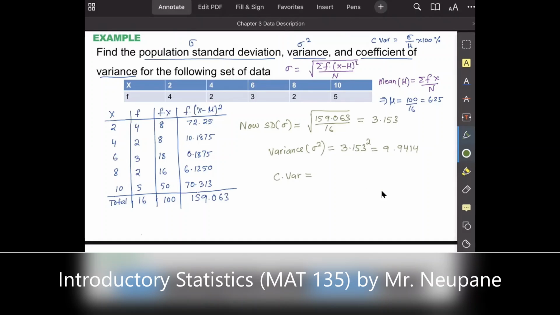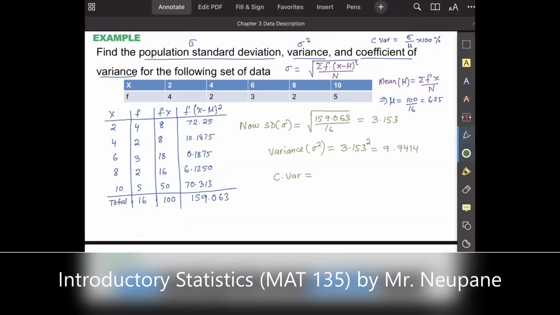Is there a question? Yeah, I have a different answer on the sum of the f times x minus mean squared. Instead of 10.1875, I got 10.125. Yes, 10.125. That's right.